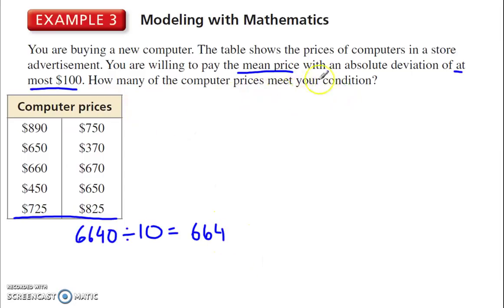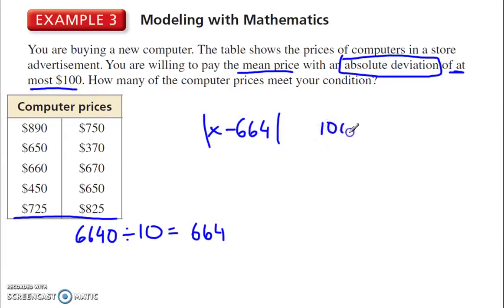So we're looking for the absolute deviation. Remember, absolute deviation is x minus a given price, so x minus this 664. The absolute value of that has to be at most 100.